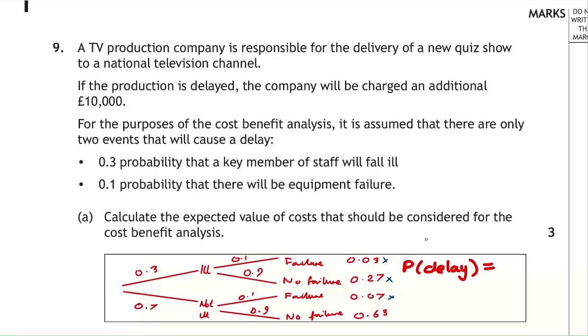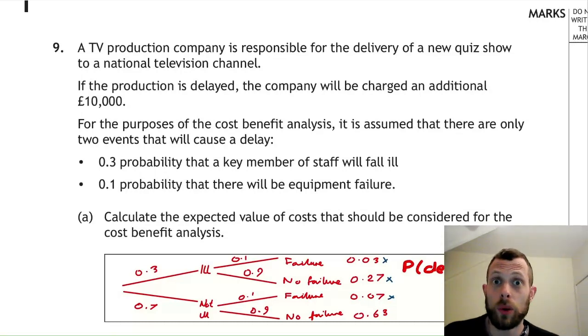And the second one, the 0.27, there isn't a failure but they are ill, so they're still delayed. And likewise for the 0.07, the equipment fails even though the person wasn't ill. So we need to add up 0.03, 0.27 and 0.07 and we will get 0.37.